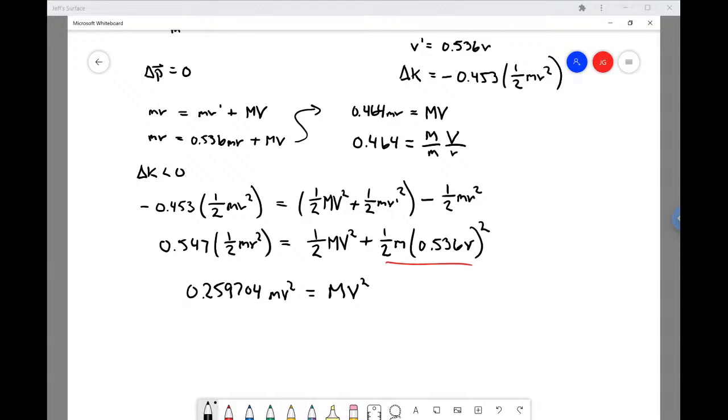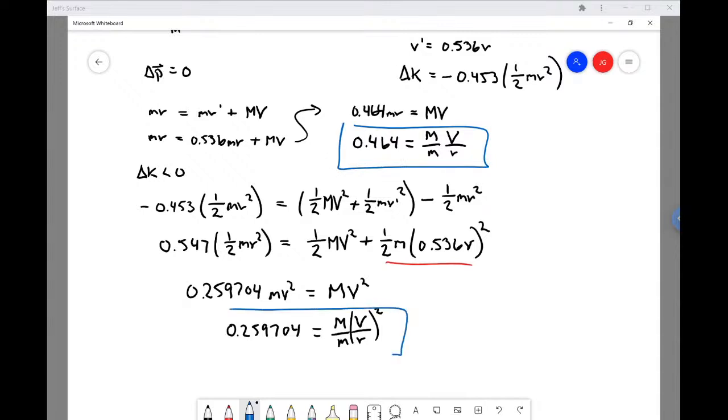Now divide both sides by m v squared. You get 0.259704 equals the ratio, which is one of the things we're trying to find, big M over little m, times the ratio of big V over little v squared. So I have these two equations now, and I have two unknowns, these ratios.